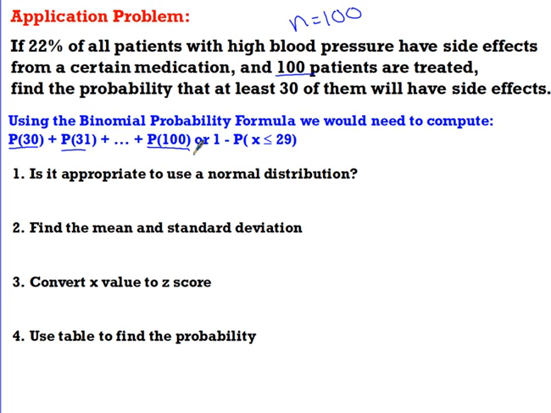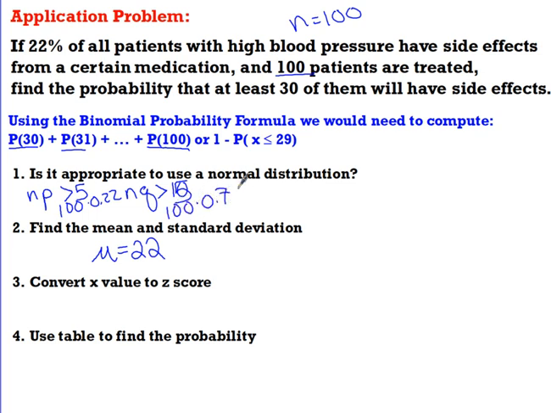So instead, you check to see, is this an option for the normal distribution? So np is 100 times 0.22, bigger than 5? Yeah, that's 22. By the way, that number is always the mean as well. And is 100 times 0.78 bigger than 5? Yeah, 78 is going to be bigger than 5.